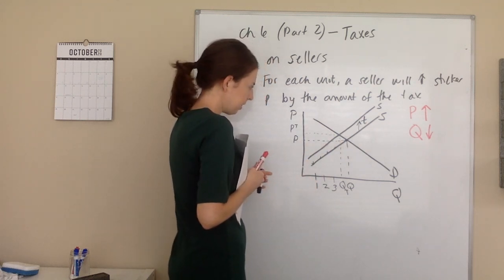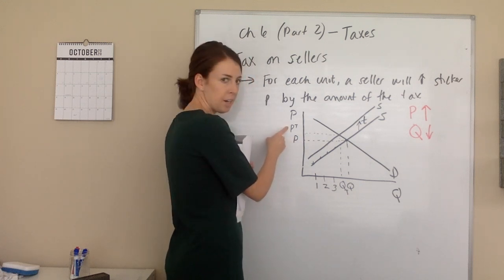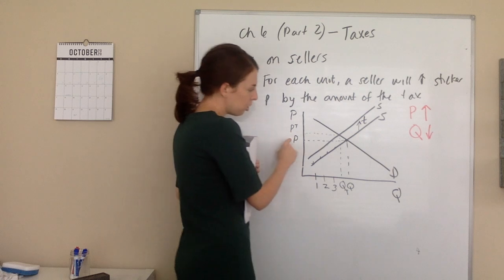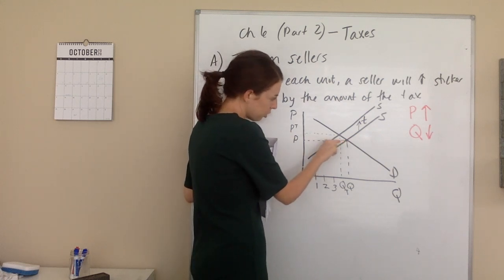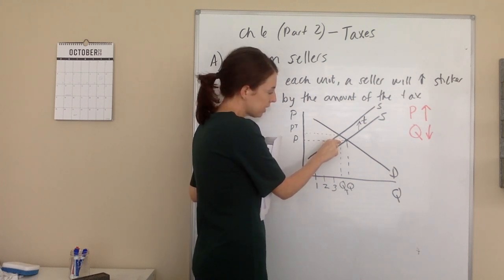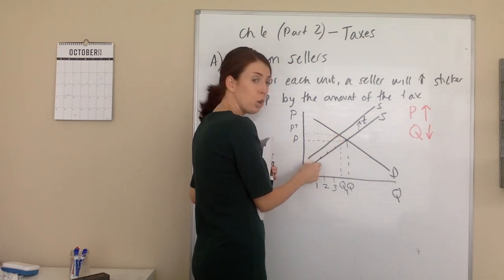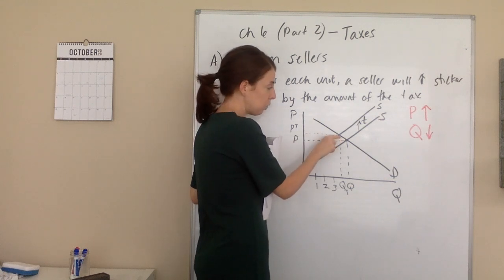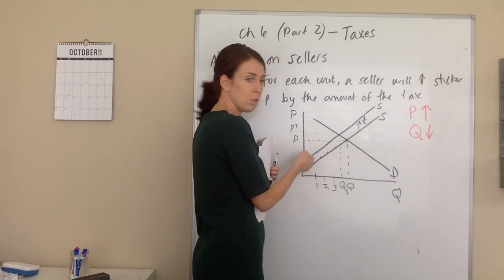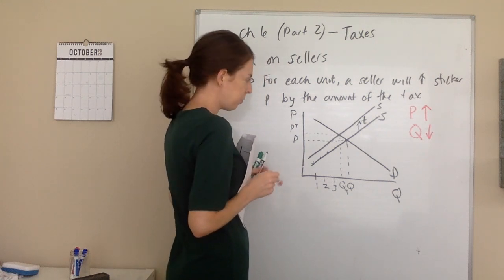There is a new equilibrium price that's higher than it was originally, but note that the difference between the original equilibrium price and the new equilibrium price is smaller than the tax amount, right? So the equilibrium price went up, but it didn't go up by the amount of the tax. The whole curve moved up by the amount of the tax, but the equilibrium change was smaller than the tax amount. Okay, let's pick this apart.